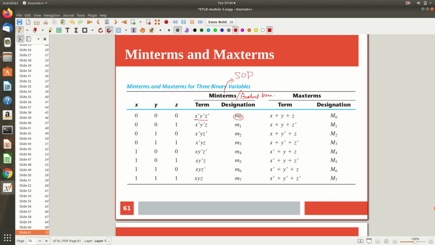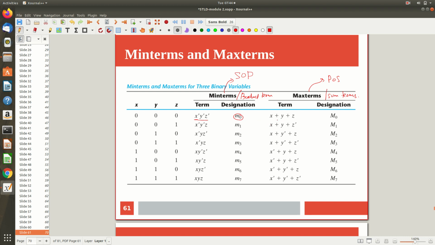Now, equivalently we have the product of sum expression, POS, where we take the sum terms, or the max terms. Max terms are otherwise also called sum terms. Now you can observe how we write the sum term.